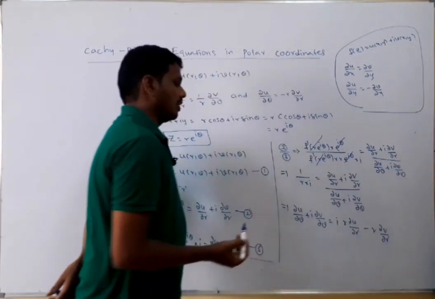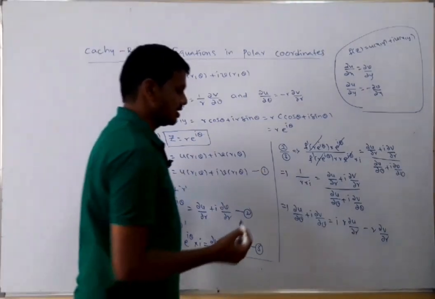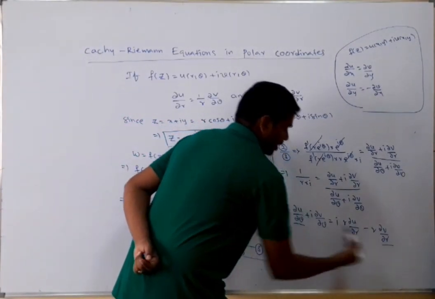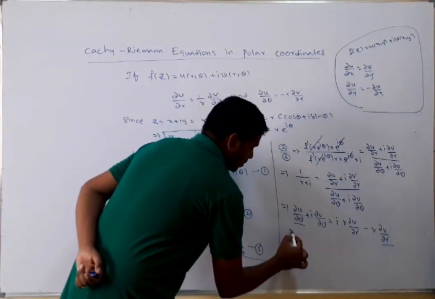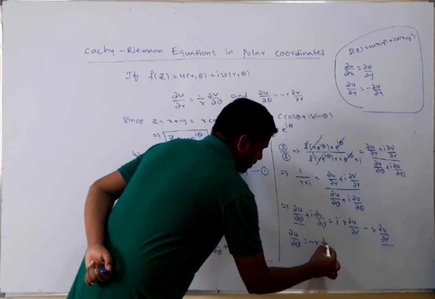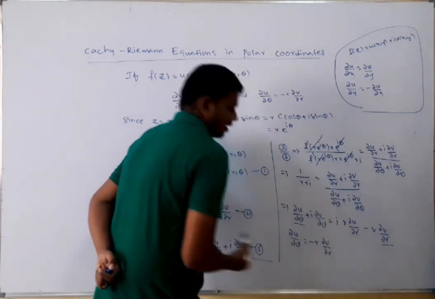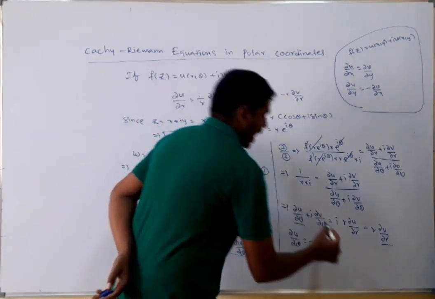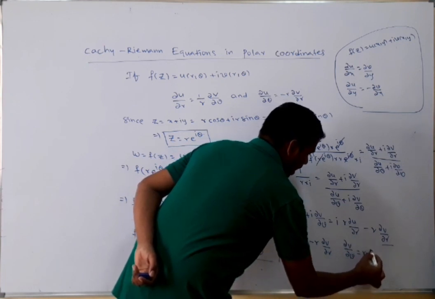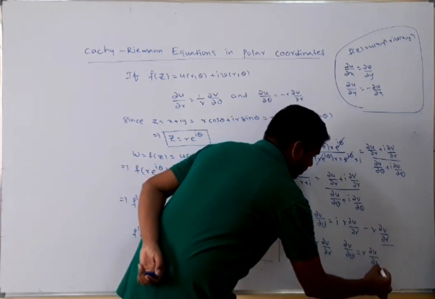Comparing the real part and imaginary part on both sides, this is the real part in the LHS, this is the real part in the RHS. So ∂u/∂θ is equal to minus r ∂v/∂r, and comparing the imaginary parts, ∂v/∂θ is equal to r ∂u/∂r.